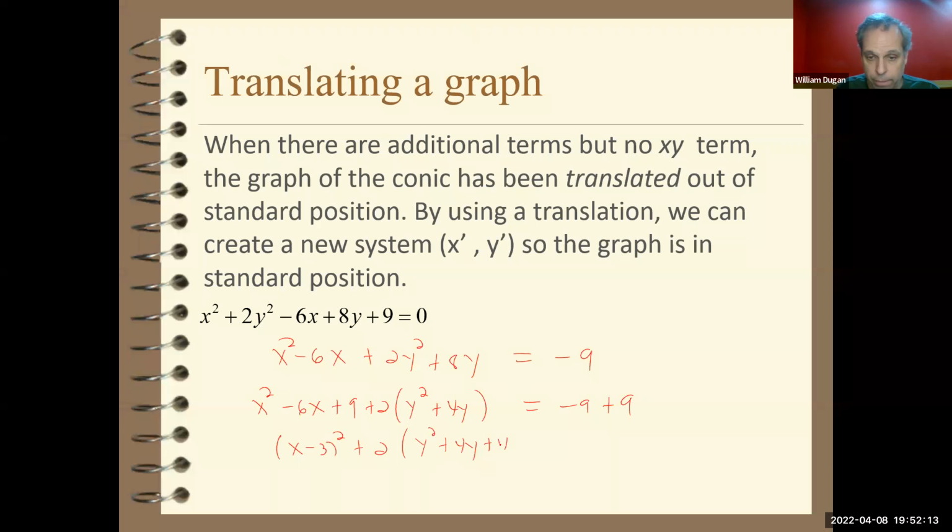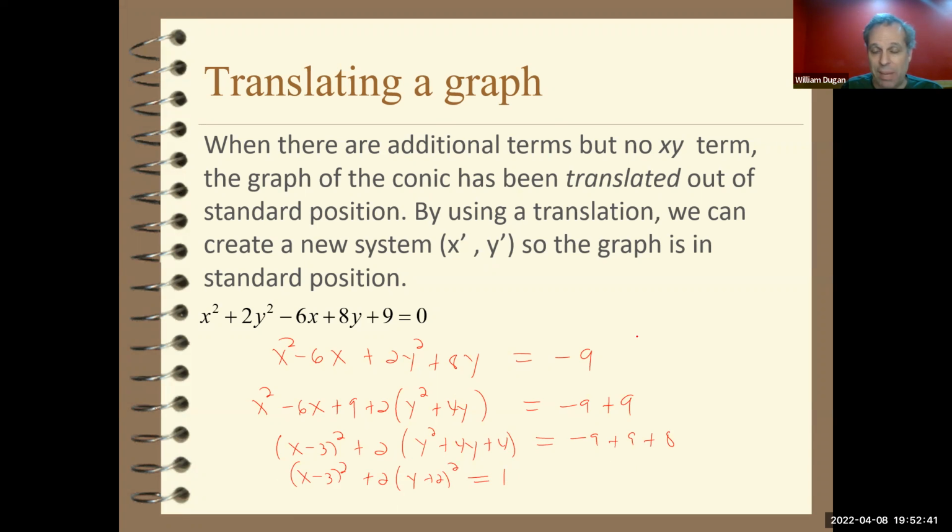I'll add 4 here. When I added 4, I actually added to the left-hand side 2 times 4 because the 2 is multiplied to the 4 inside that parenthesis. So I added 8 on the left-hand side. So I have to add 8 on the right-hand side also. That means that I have x minus 3 squared plus 2 times y plus 2 squared equals, well, that's a fancy way of saying 1, isn't it?